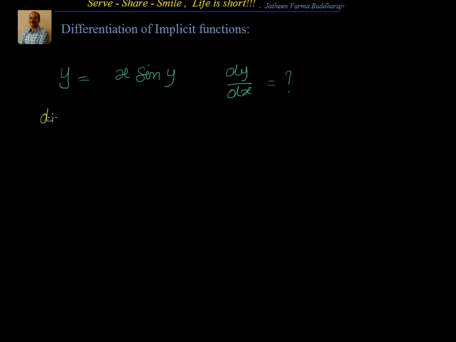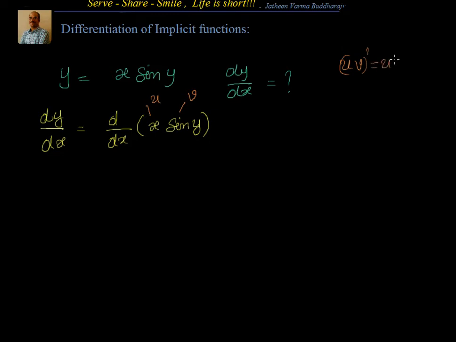So can I say dy divided by dx is equal to d by dx of x into sin y. Again you can see that x is u and sin y is my v, and I know uv dash is equal to u into v dash plus v into u dash.